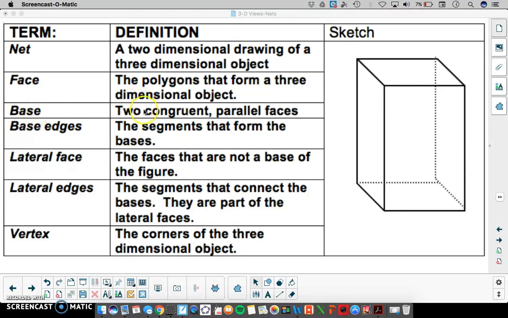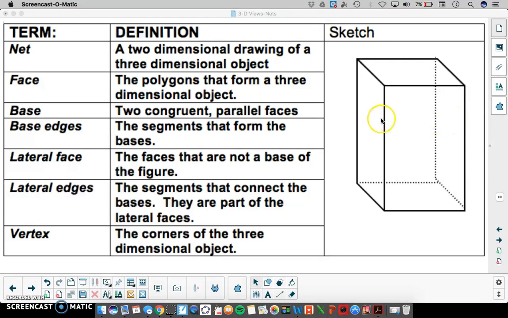The bases will be 2 congruent parallel faces. So when we talk about what is considered a base for this rectangular prism, we could say the top and the bottom would be considered bases, but it said that they have to be 2 congruent parallel faces. So notice the left and right are also 2 congruent parallel faces.